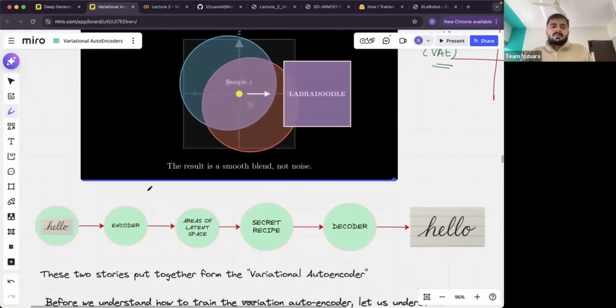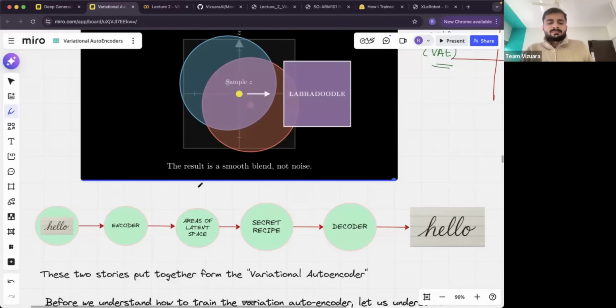So to put together, we have this encoder which encodes your variations in the images in the latent space, which itself is challenging because now you don't have to predict one single point for each image. You have to predict the mean and the variance. So you have to predict 2 points for each image. We will look at that in detail in a practical example.